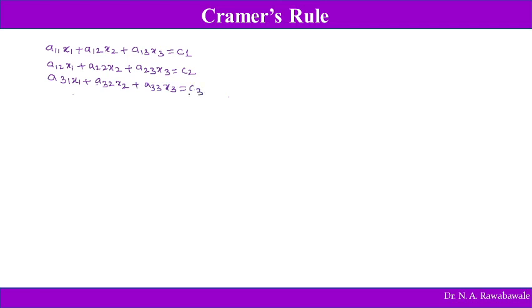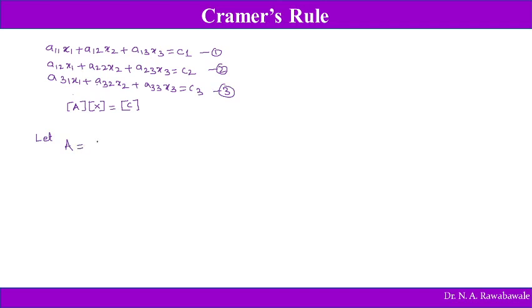Now this is written in the form of matrix A into matrix X equal to matrix C, where A is the matrix of coefficients for the three equations.